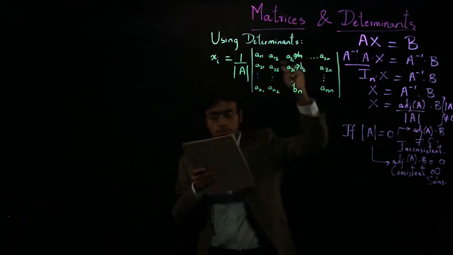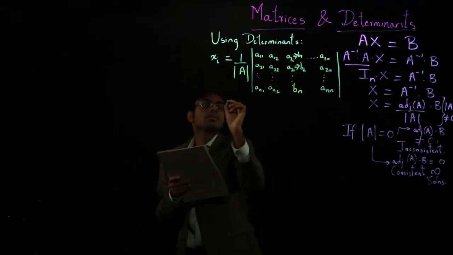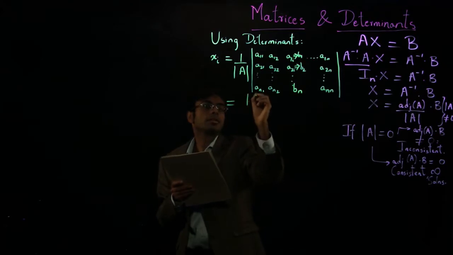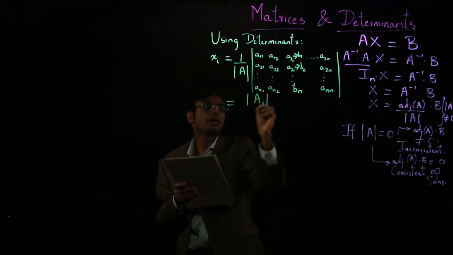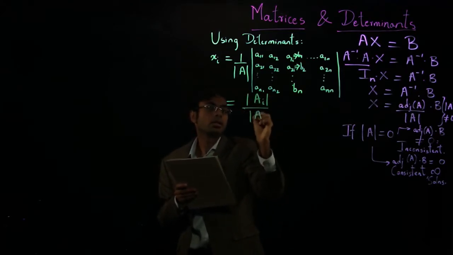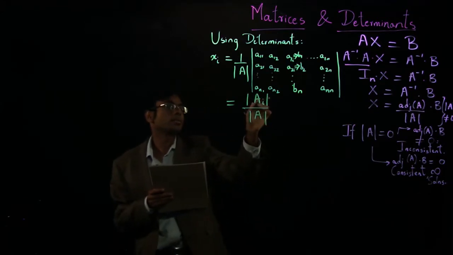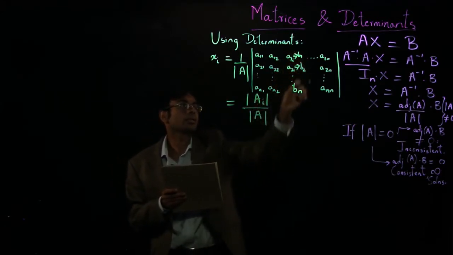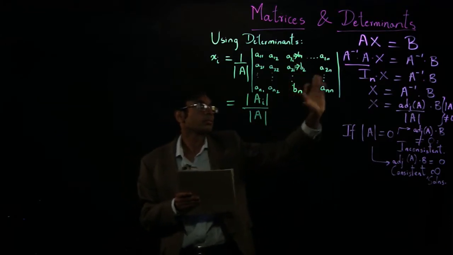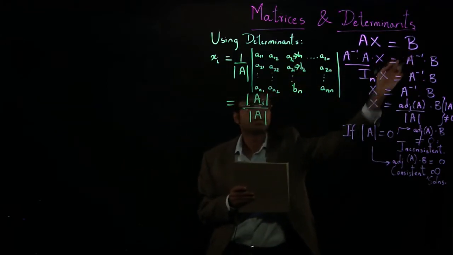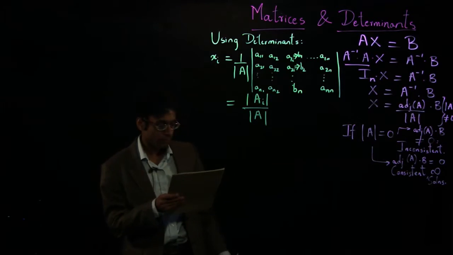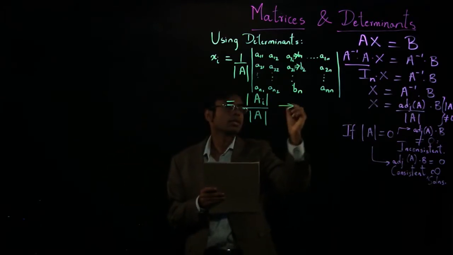So this whole operation, we can write it in shorthand as Ai over A, where the determinant Ai basically means that you're substituting the ith column of that determinant by the right hand side, or the elements of matrix B, and this is known as Cramer's rule.